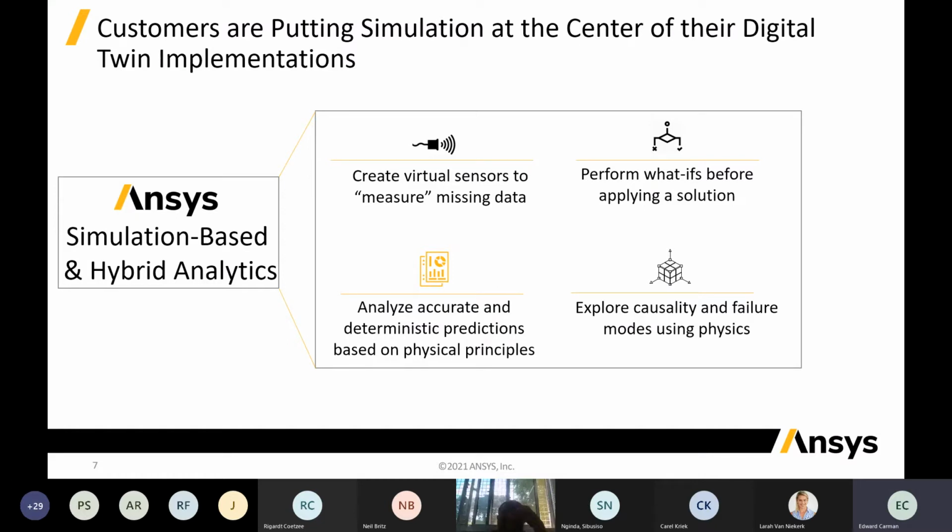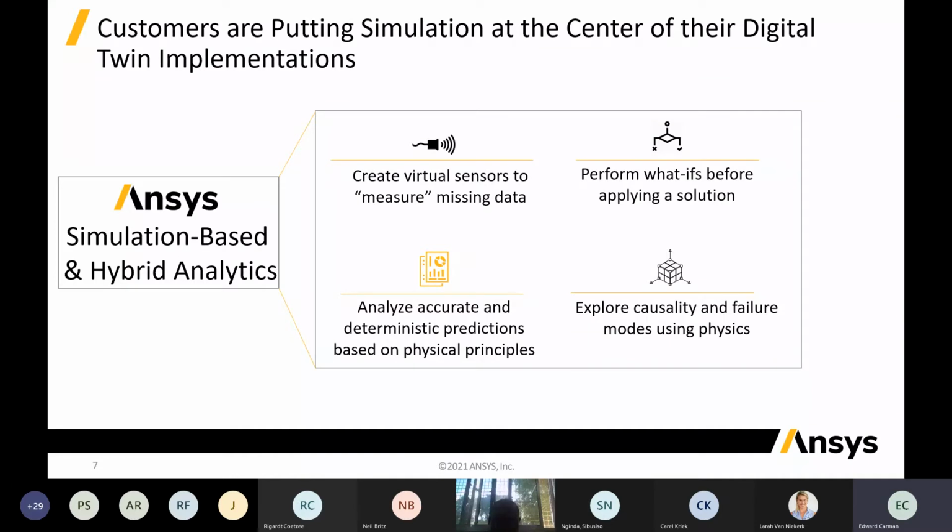If I wanted to know what would happen if I were to switch off a certain set of valves in order to reroute flow around a pump to do some maintenance on that pump, if I wanted to know how that would influence the rest of the system, if I'm using pure data analytics, I will only get that knowledge if I've already done it before in the past. But if this is the first time I'm doing this, I have no way to go. But I can use a simulation to fill in that data. So predict what would happen under different configurations using my physics simulations.